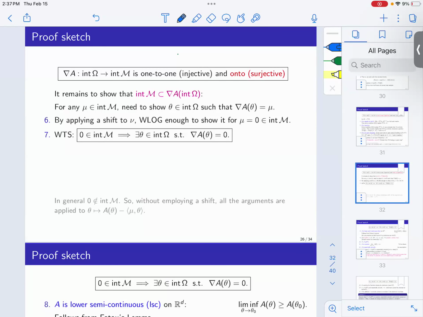For the onto part, you have to show that this gradient mapping, if I try to solve this for any mu that is in the interior of M, then I can find it. Because the candidate here is that the gradient of A is going to be the mean.